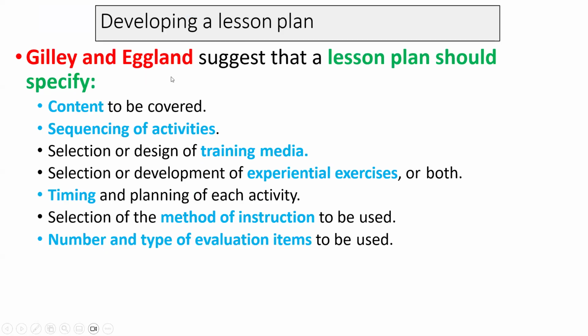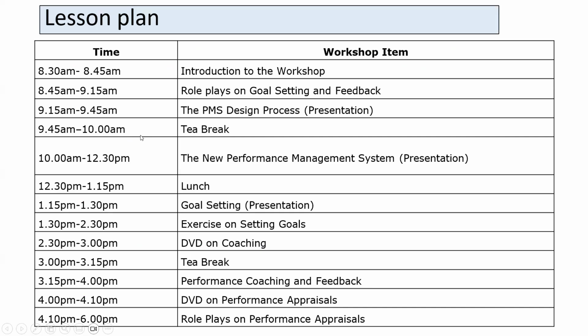And this researcher has suggested some components to be included in developing a lesson plan. What are they? Content must be included, and sequence of activities, right? Sequencing of activities like this from 8:30 to 8:35, this one, and 8:45 to 9:15, this one, and 9:15 to 9:45, likewise, a proper sequencing of activities.